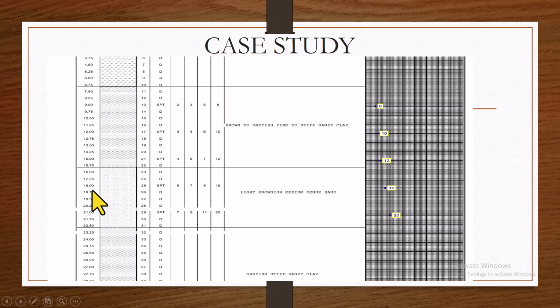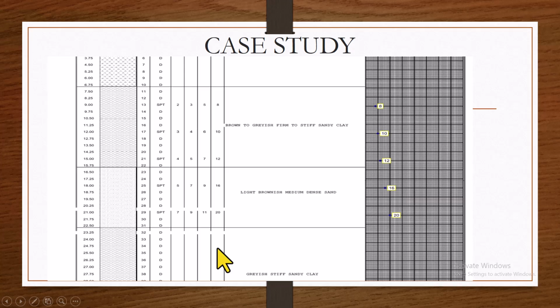The pile should be terminated at 18 meter. And according to this soil investigation, we have only information at a depth of 22.5 meters. That is where we have information about the end value. But when we come here, we don't have further information.